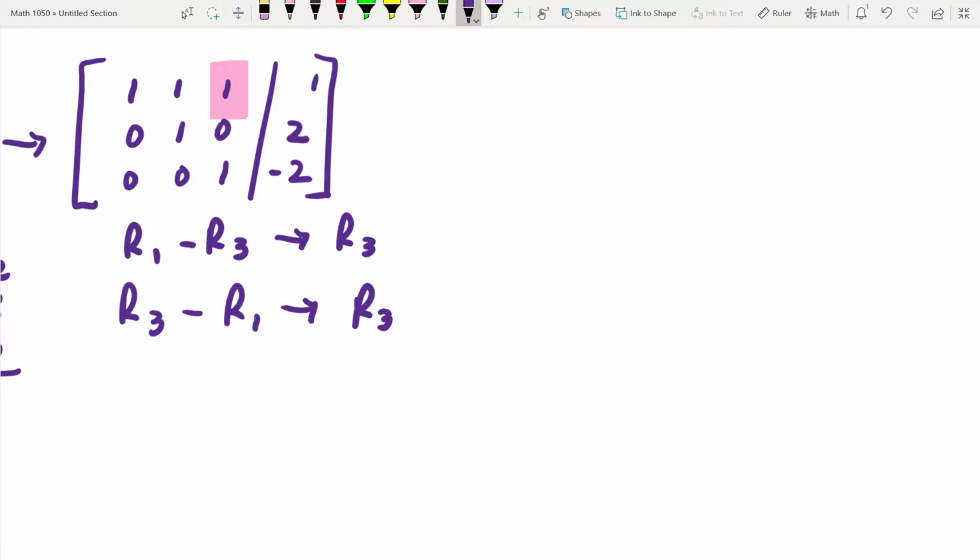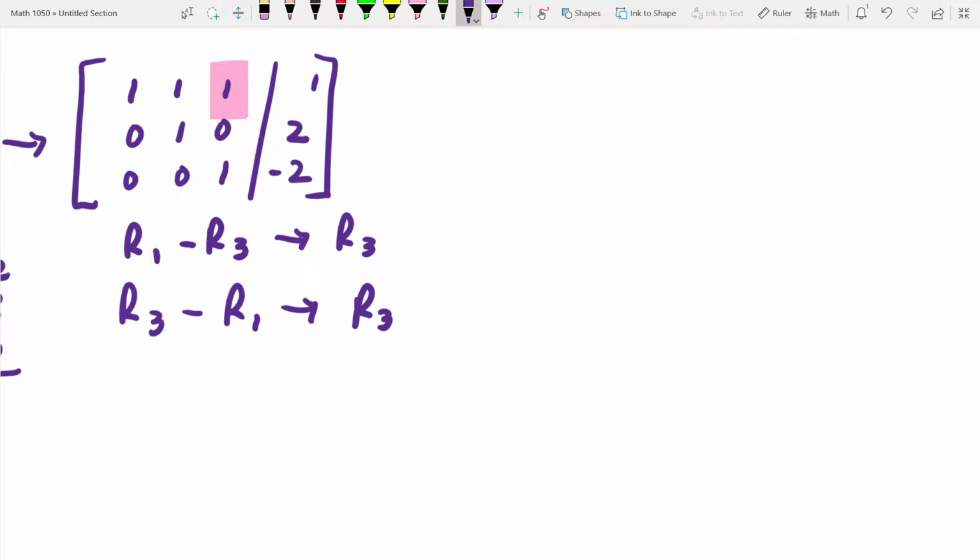Listen, they both work, they both give me a 0 in that spot. One of them is better than the other. Imagine what would happen if you did row 1 minus row 3 and you stuck those numbers at the top versus row 3 minus row 1.